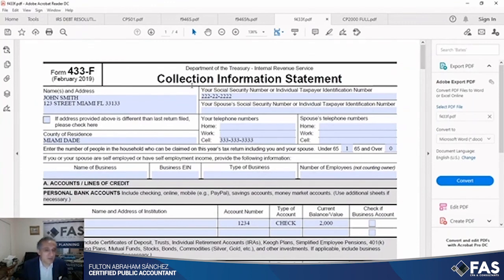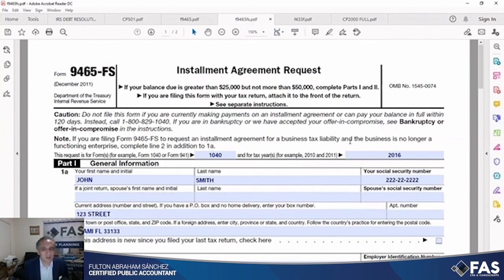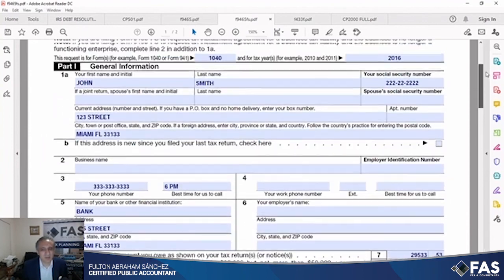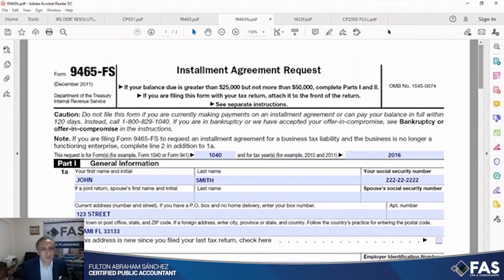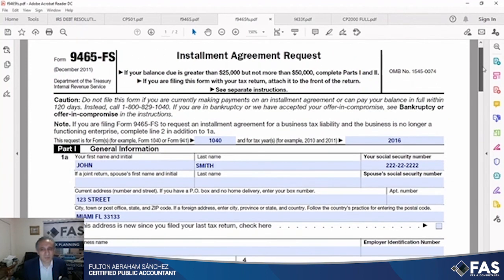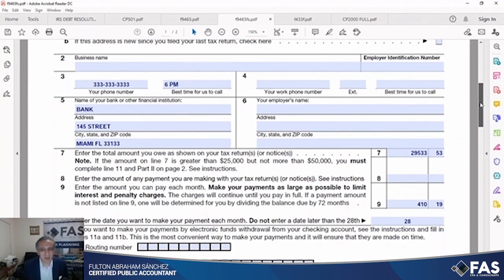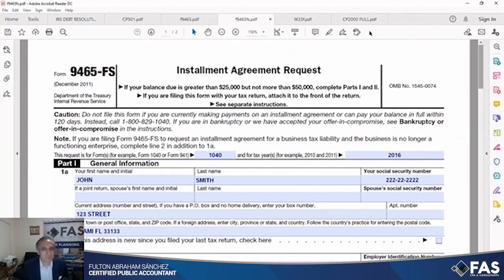As we see in this example, this is not going to be acceptable. It is better to just pay the minimum amount. Don't get into trouble sending other forms just to try to take advantage of the forms, just to do the payments that the IRS requires.